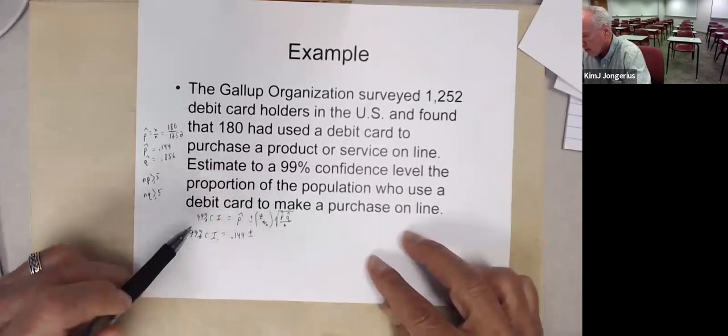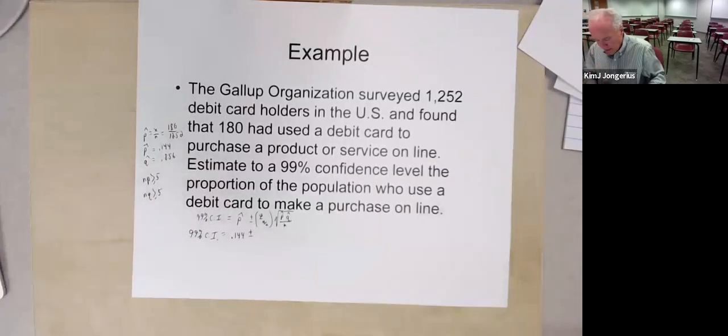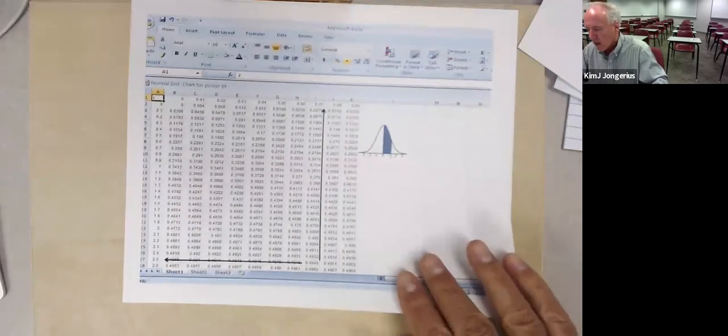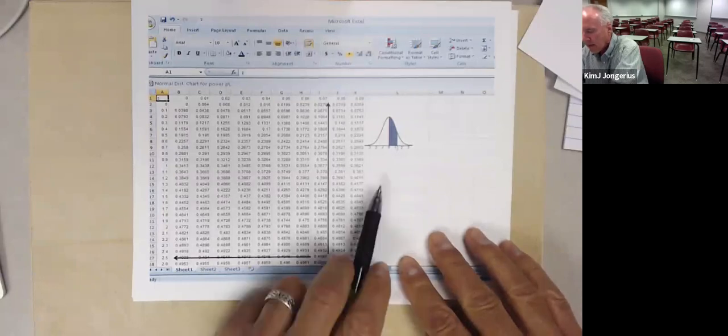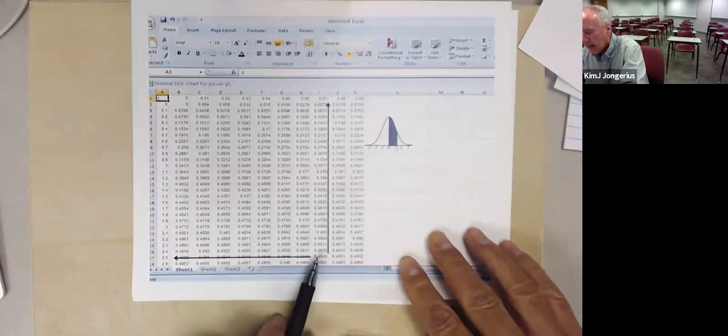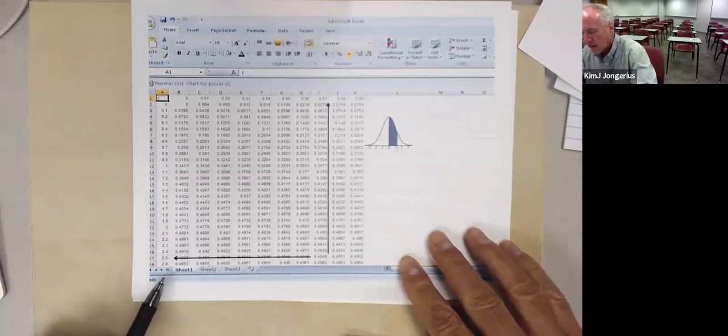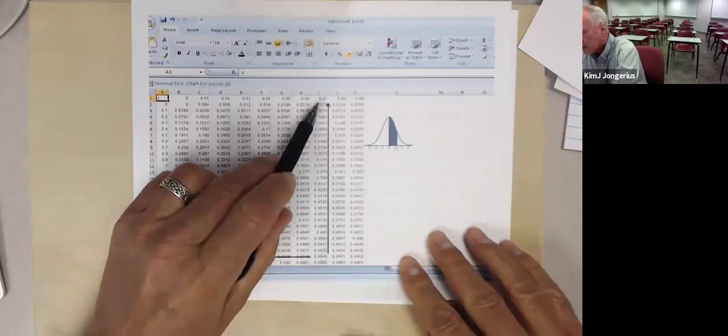My z-score for a 99% confidence interval comes again either from our memory, or we take that 0.4949, that's half of the 99, which gives me the z-score of 2.575.